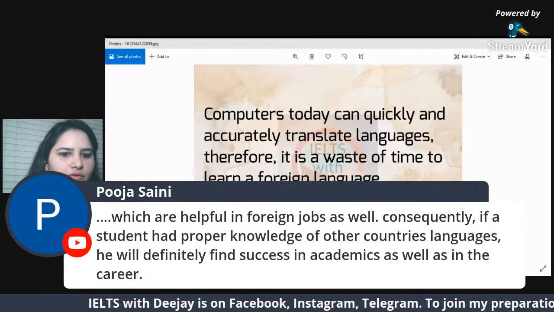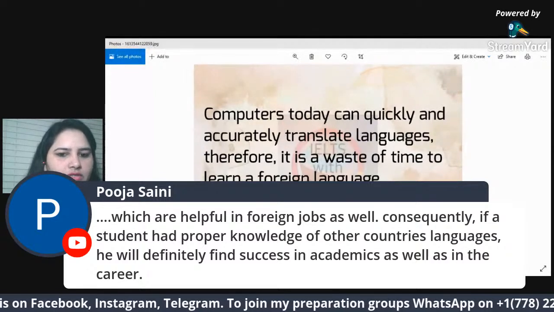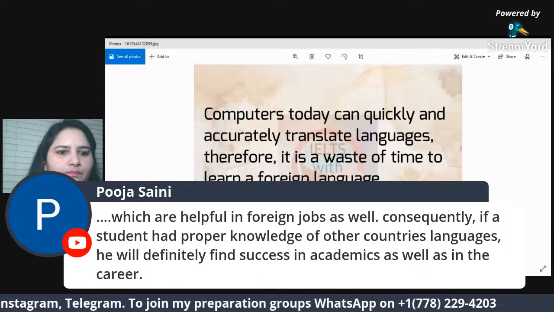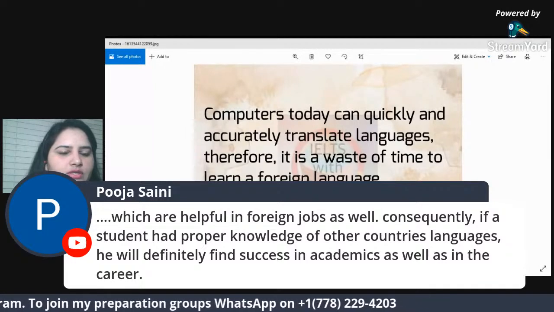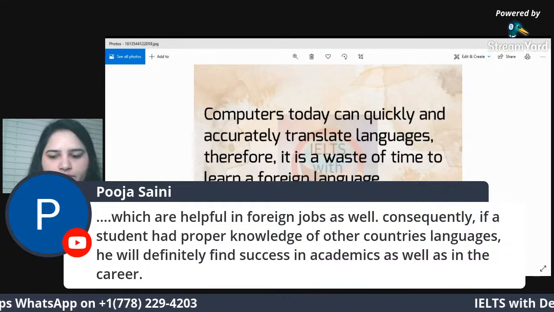Which are helpful in foreign jobs as well. Consequently, if a student had proper knowledge of other countries' languages, he will definitely find success in academics as well as in the career.